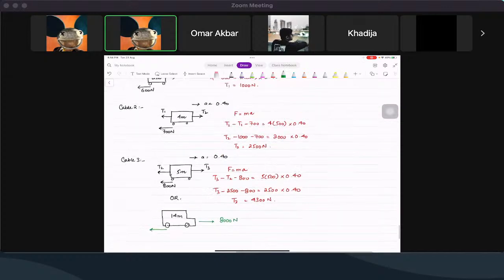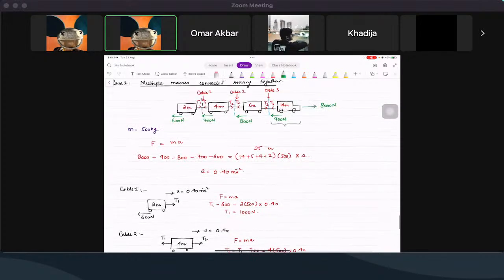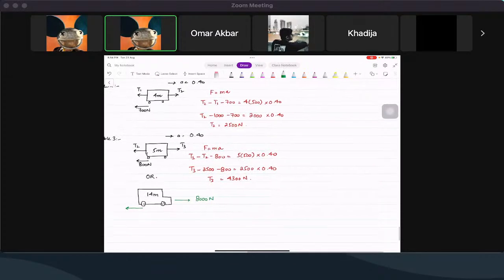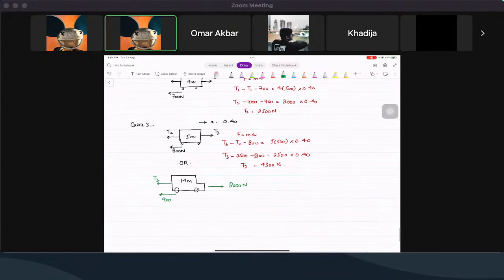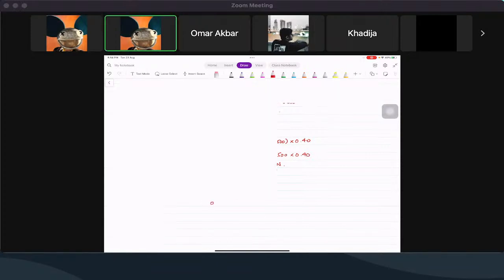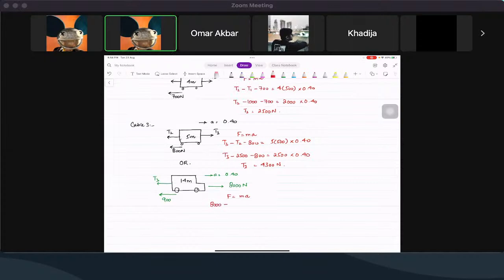So there is like 900 force friction here, and there is T3. Is that correct? This is all right, and the acceleration is 0.40. So when you do this, you're going to write F equals to ma. 8000 minus, because I'm taking all the forces to the right positive, that's why I'm taking all the forces to the left negative, right?